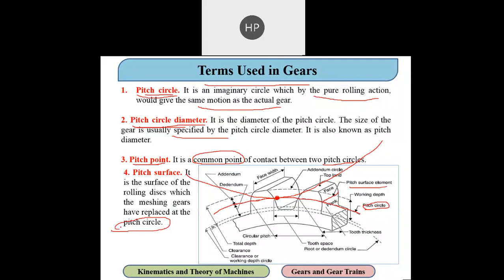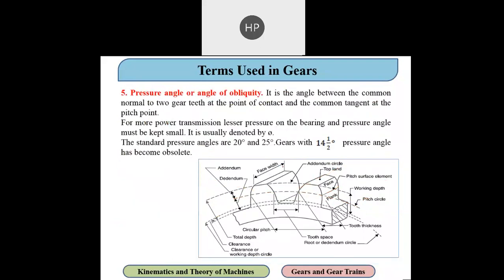Then we have discussed pressure angle. It is the angle between the common normal and the common tangent. It is the angle between the common normal to the two gear teeth at the point of contact and the common tangent at the pitch point. How it will be useful, we will discuss in our upcoming theory.